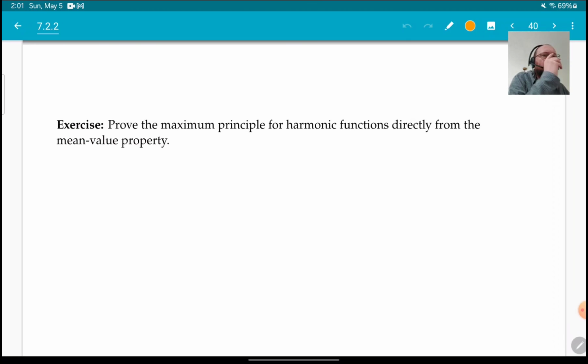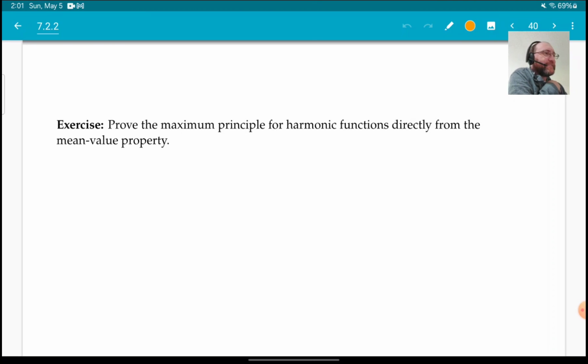So a couple of exercises. First, prove the maximum principle for harmonic functions, which we proved using the maximum modulus principle for holomorphic functions, but prove it using the mean value property. The point is that it's not nice to rely on the maximum modulus property for holomorphic functions, because harmonic functions work in other contexts than just in the plane, and you get holomorphic functions only in the plane.